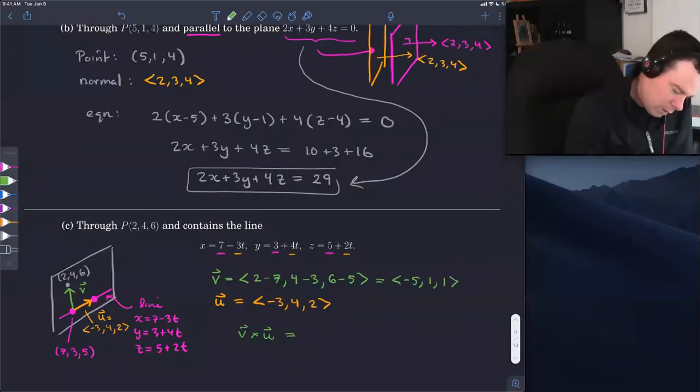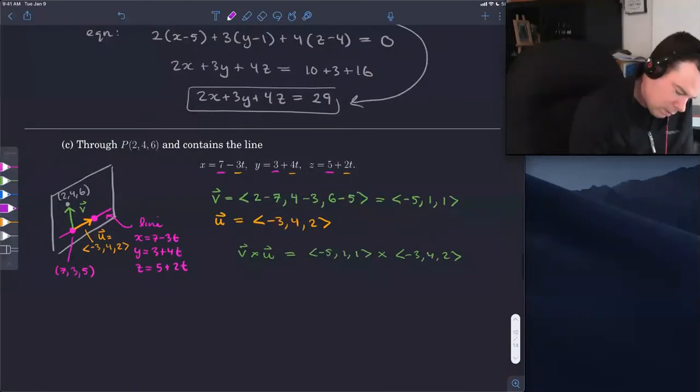And so that would be -5, 1, 1. And I'm going to cross it with -3, 4, 2. As I said, what I like to do is just write -3, 4, 2 down below. You can do this however you want, whatever you're comfortable with. And so our cross product becomes 1 times 2 minus 4 times 1. So 2 minus 4 is -2.